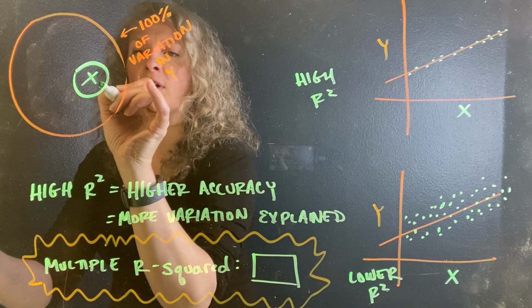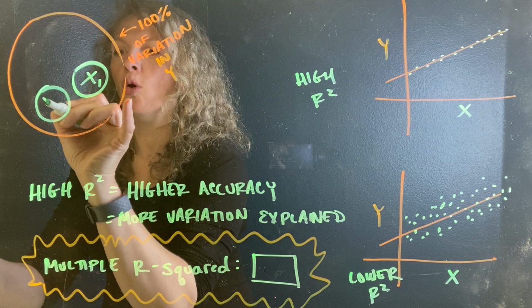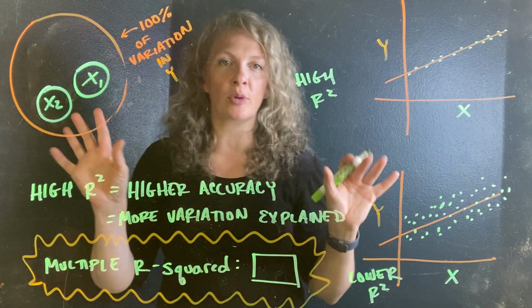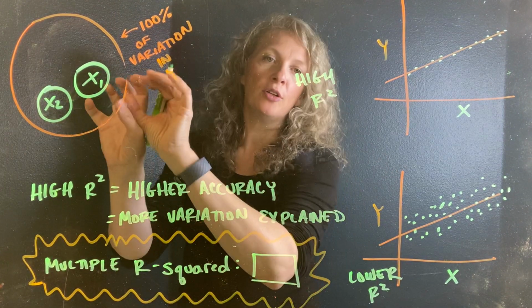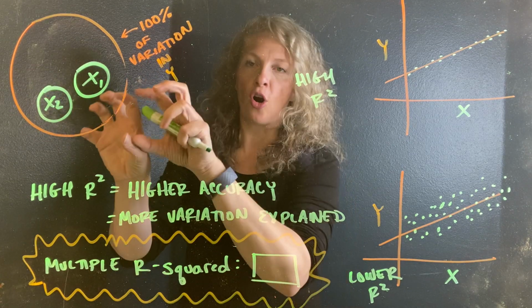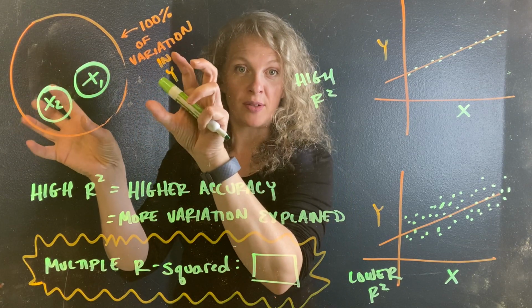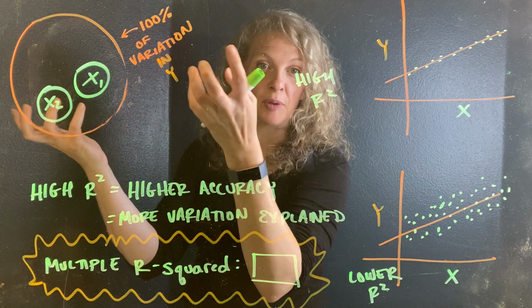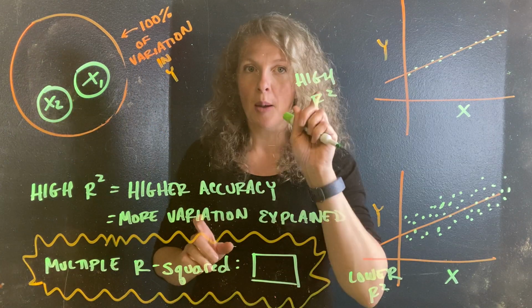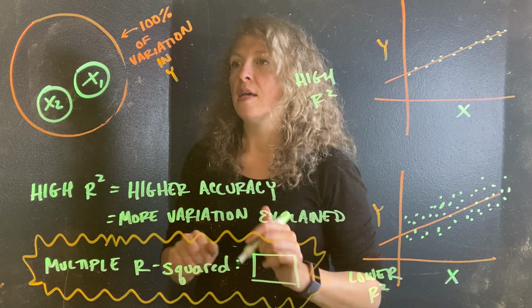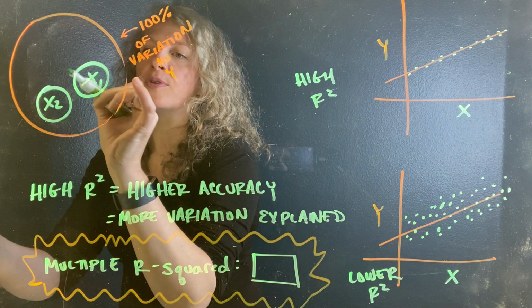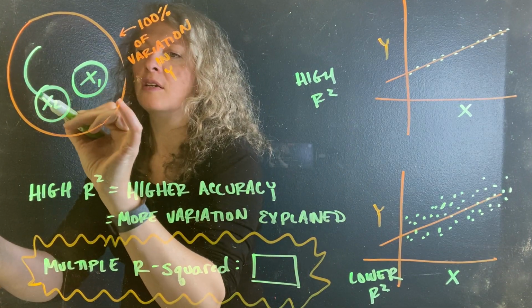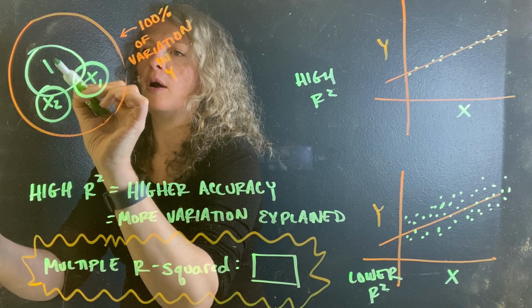Maybe we have a couple of different X variables and they're totally independent of each other and unrelated to each other. If you include both of those in the model, your R squared will increase by the sum of the variation that's explained by each of these two variables. But sometimes you add in variables that share some of their explanatory power.